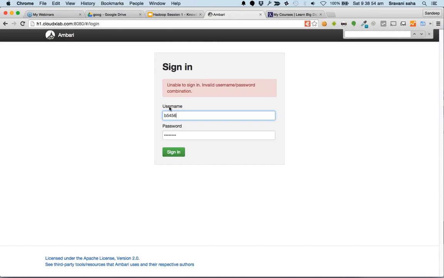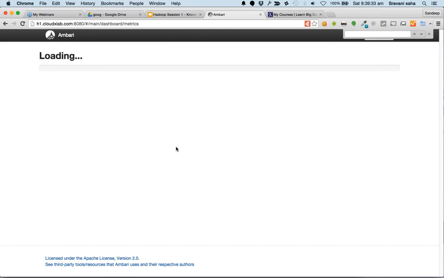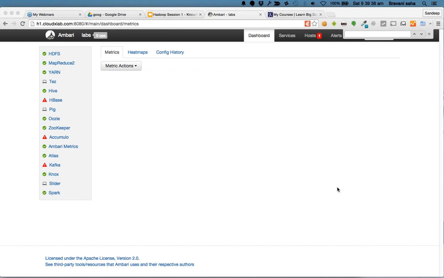Oh, I was not pressing caps lock. I can't show you the password because it's getting recorded. That's why I have to type it.